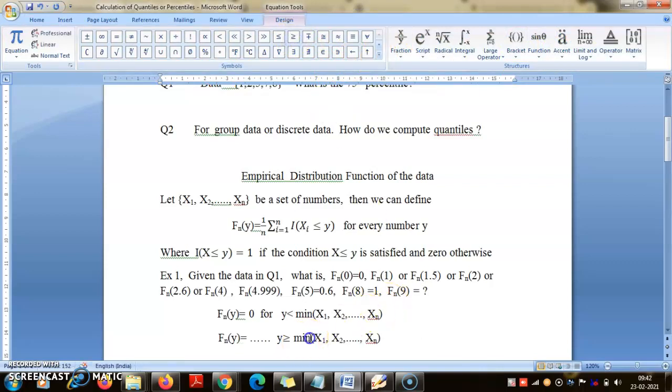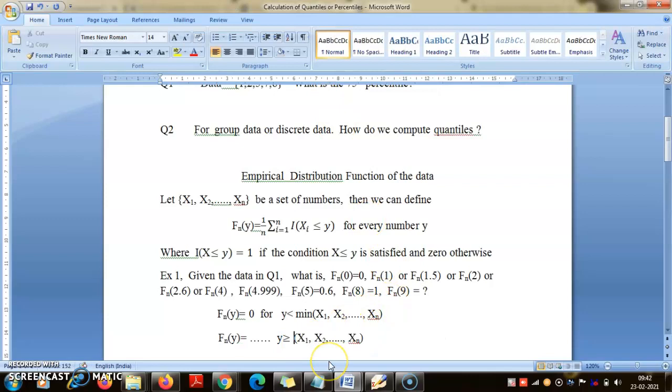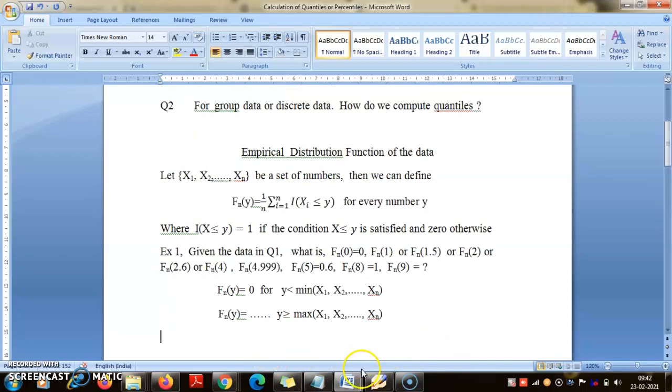If this condition is satisfied, then what will be the value of I(x1), I(x2), ..., I(xn)? Is this condition satisfied or not? y is bigger than the maximum, so every number is less than or equal to y. So every one of these indicators will be equal to 1. So I have almost told you the answer.